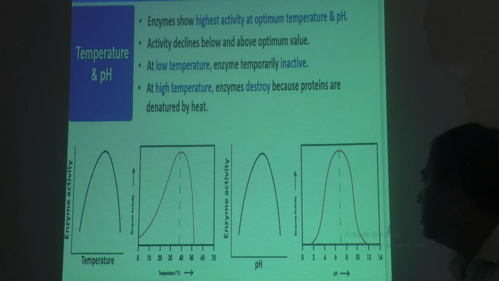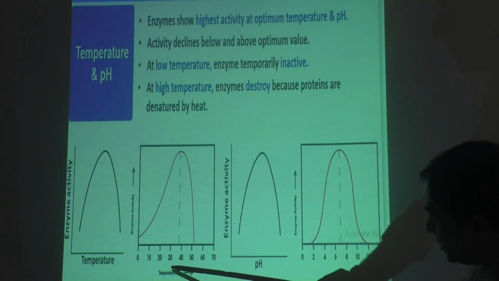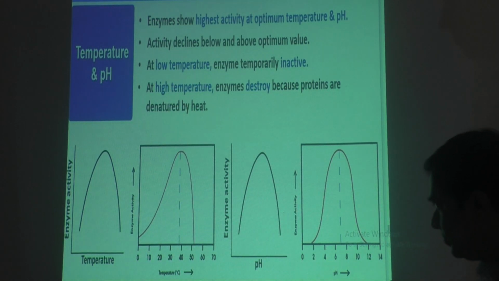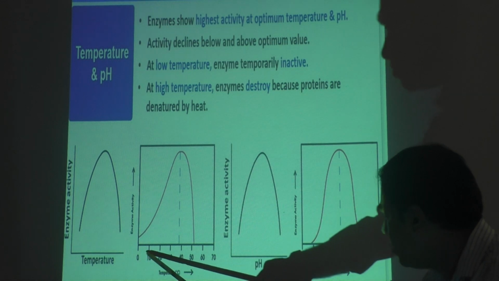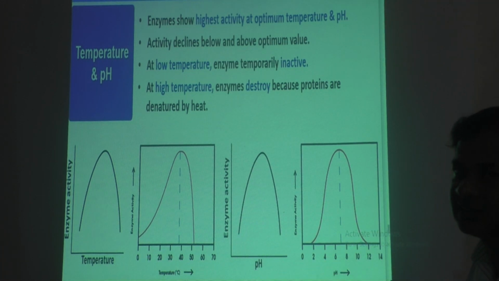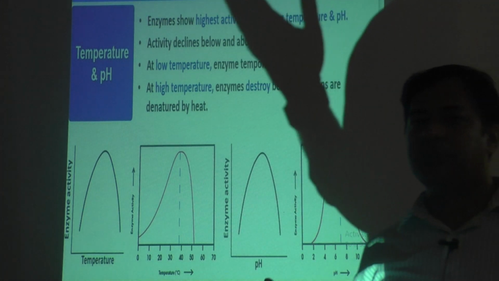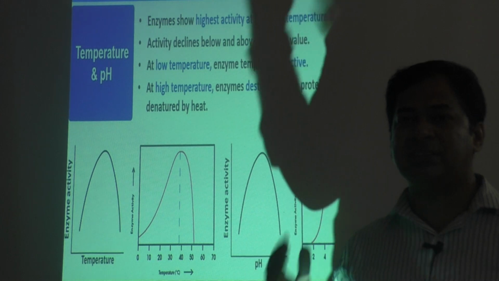First one, temperature and pH. Okay, so this is enzyme activity and this is temperature in degrees Celsius. You can see here 0, 10, 20, 30, 40, 50, 60, 70 degrees Celsius. After 70 degrees Celsius, the enzyme doesn't work, because the enzyme is cut into pieces.